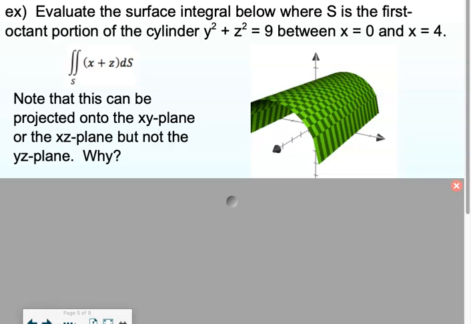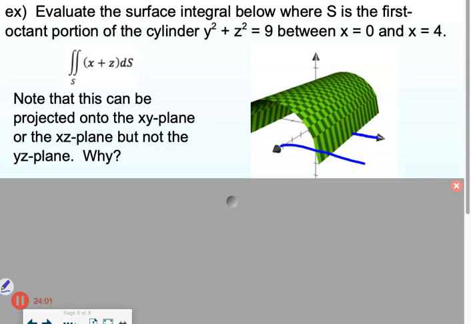So evaluate the surface integral below where S, this one I did orient sideways, and this one would be where they're telling you S is the first octant portion of the cylinder. So y squared plus z squared equals 9 from x equals 0 to x equals 4. So in 3D, x equals 0. Think 1, 2, 3. We're coming out this way, right?